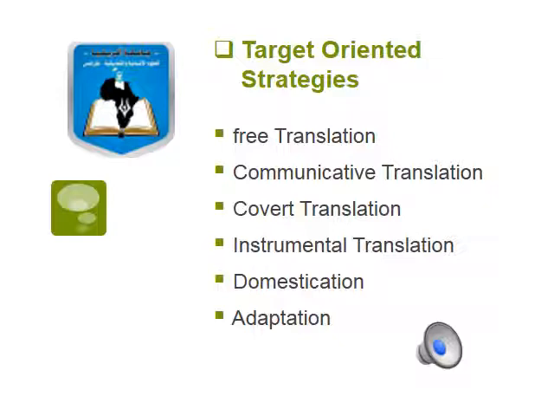Domestication is the opposite of foreignization. It involves an ethnocentric reduction of the foreign text to receiving cultural values, bringing the author back home.